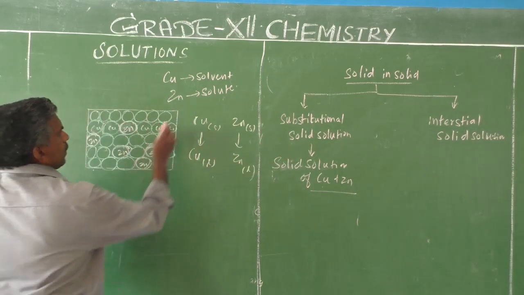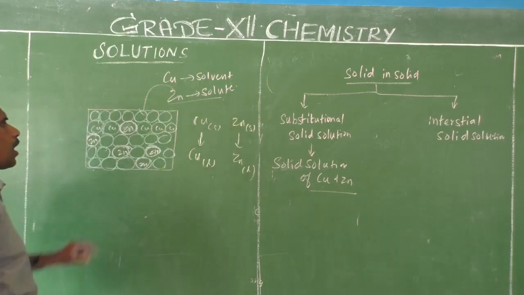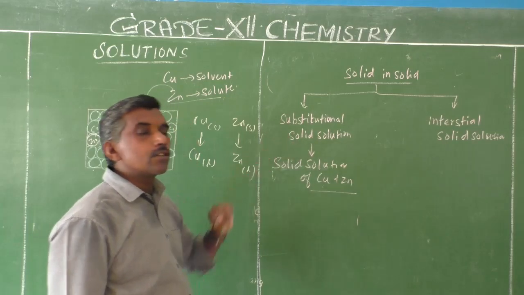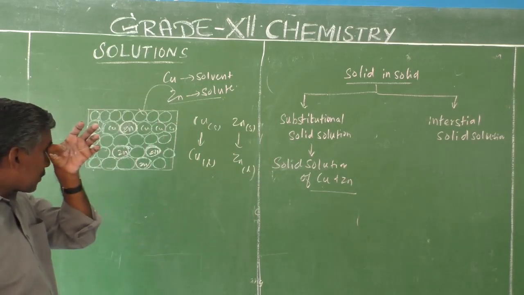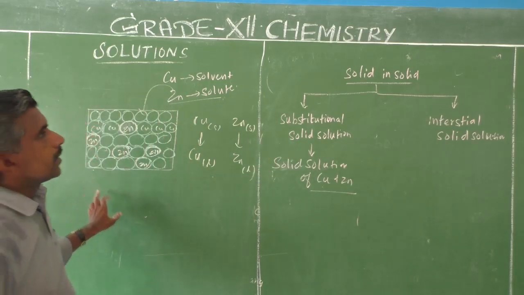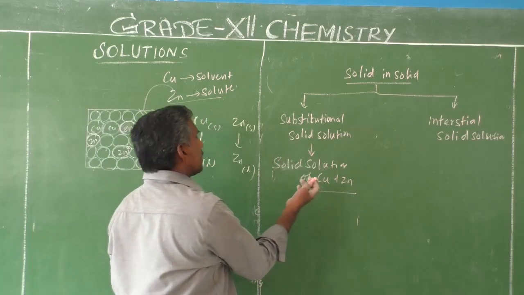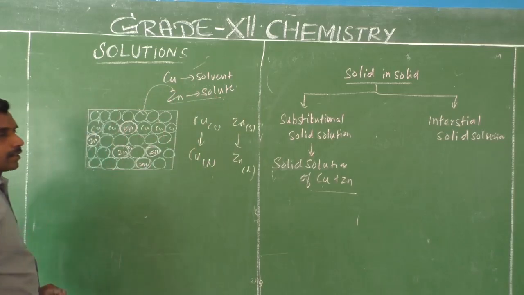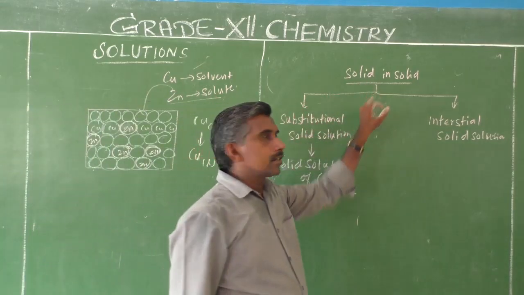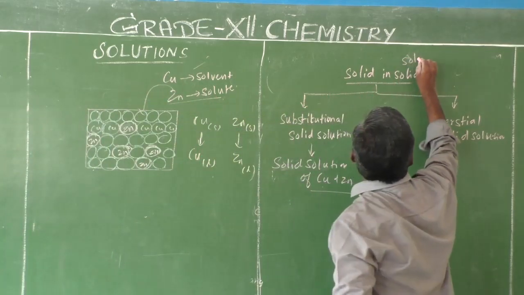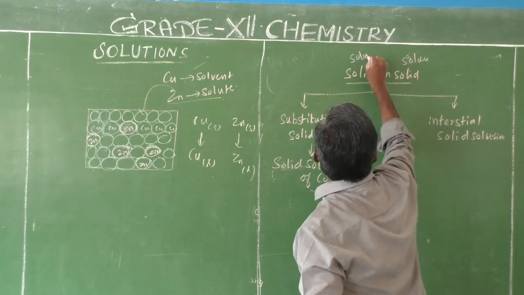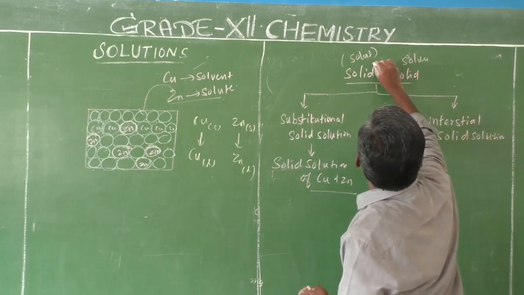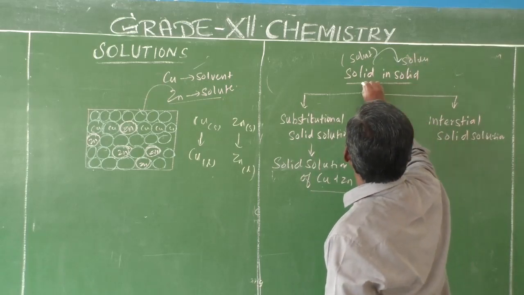Here, zinc is substituted in the place of copper. In the substitutional solid solution, the solvent is a solid and the solute is a solid. That is a solid in a solid. This is the solvent, this is the solute.